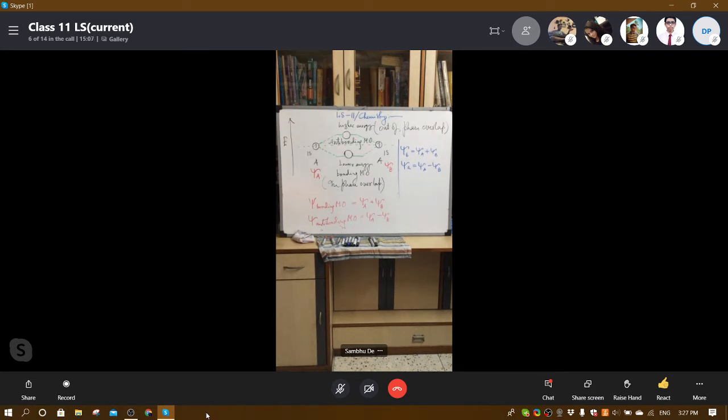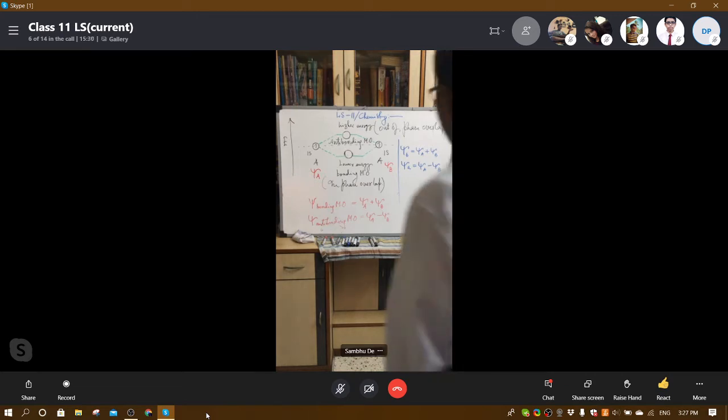Psi A may be negative, may be positive at some values. The value of psi A or separately psi B may be positive, may be negative. But when I make psi square, whether it is negative or positive, it will always be positive. And that is why we say psi square gives the probability of finding the electron.